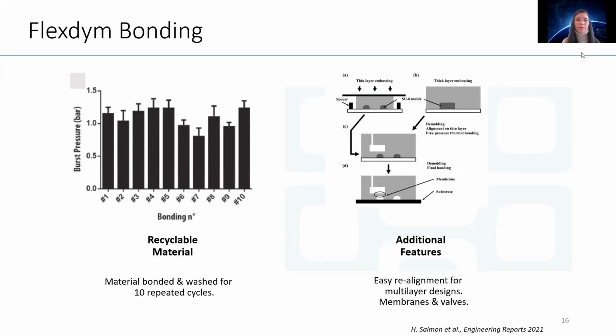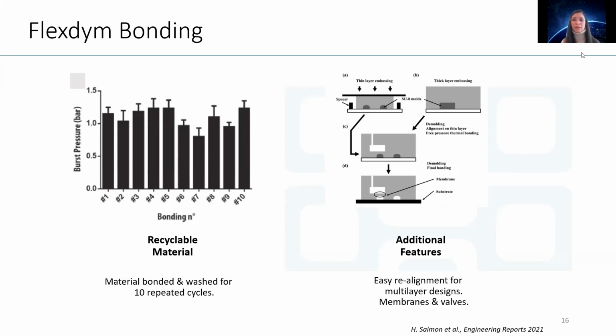Now here what we have is results from an experiment testing the burst pressure of the Flexdym on Flexdym devices. So these are fully Flexdym devices. And here what the authors did was apply a fluidic pressure to the devices, then wash the material.